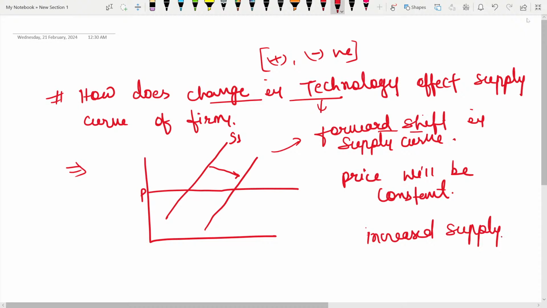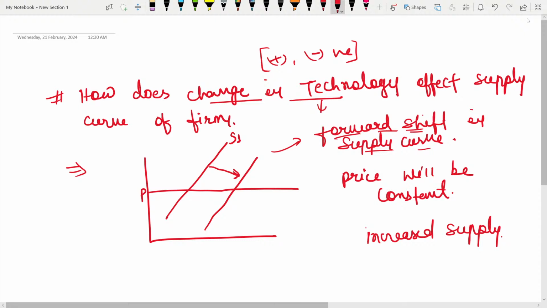So at the existing price, the price is constant, it does not change, either increase or decrease. But at the constant price, the supply of the producers or of the firm has improved or increased just because of improvement in technology. In this way, improvement in technology can affect the supply curve, so there would definitely be a forward shift in the supply curve.